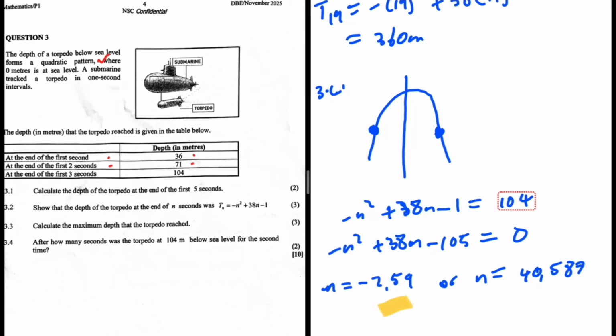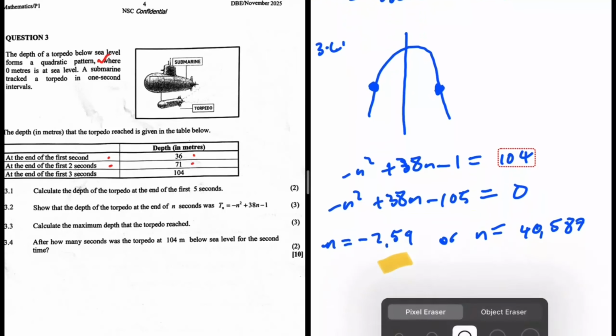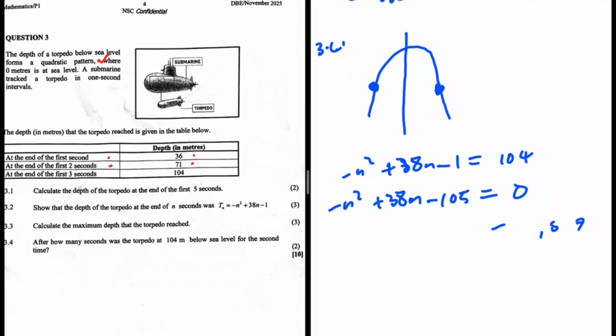So minus n squared plus 38n minus 1 minus 104. Okay, so let me substitute in my calculator once more. Minus b, 38, plus the square root of b squared, so 38 squared minus 4a, a is minus 1, and c is minus 105, divided by 2 multiplied by minus 1. Okay, I think I had made a mistake when I substituted in my calculator. I'm getting n is equal to 3 now, or n is equal to 35.